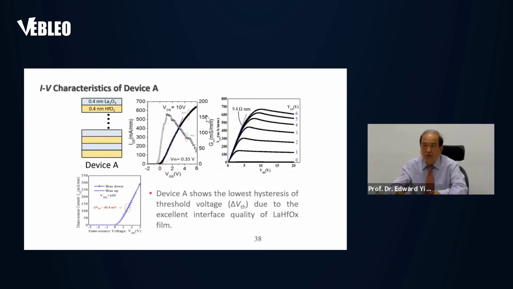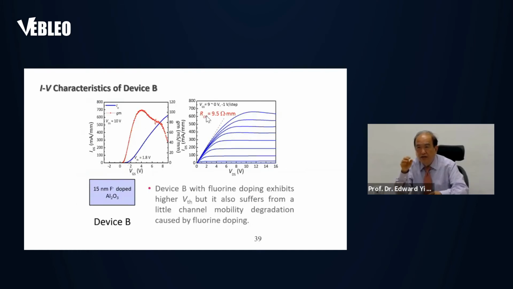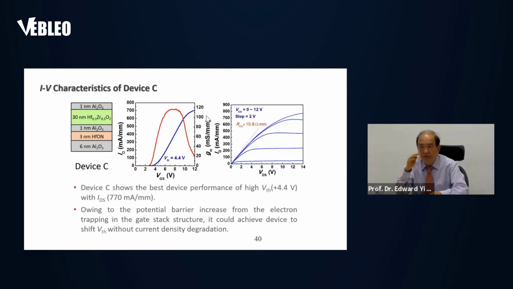Okay, so if we just use the recess, the current is not high enough. The VTH is not high enough. Next one, device B uses the fluorine, but fluorine is not stable, and mobility is low. Only with this kind of ferroelectric stack, the device has a very high VTH, in this case 4.4 volt, and very high current.